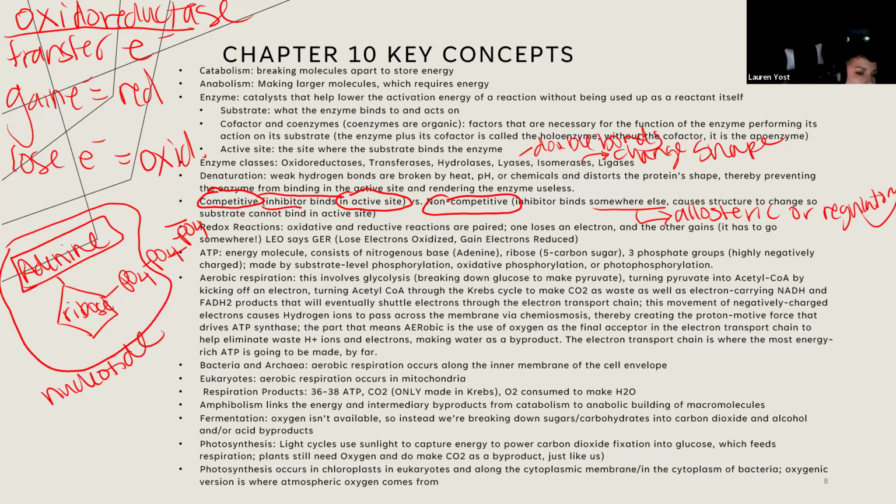Those phosphates are all negatively charged. And so the fact that they are negatively charged, they're all repelling each other. And they don't want to be next to each other, even though they're covalently bonded. So they're sharing electrons. All they want to do is get away from each other. And so each time you take off a phosphate, it releases energy and the cell can use that to power basically its processes.